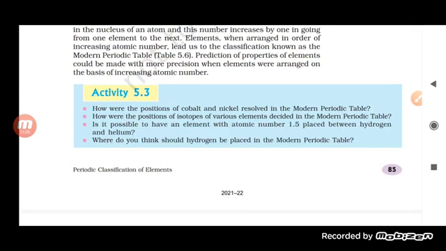That's why it was kept on the top of the modern periodic table. It is not included in the lithium family or the alkali family, because it shows both properties.